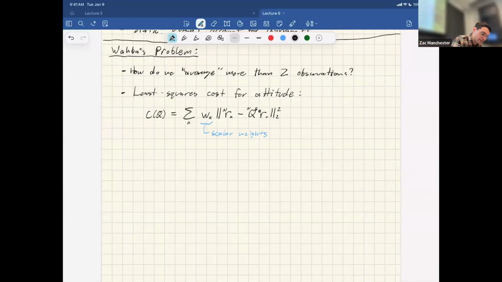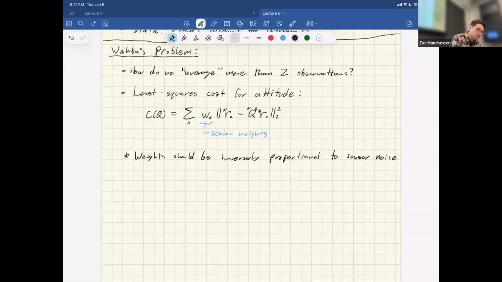To put that in more formal lingo, the weights should be inversely proportional to sensor noise, specifically sensor noise variance. If you do that and solve this problem, you'll get what's called a maximum likelihood solution by properly weighting things according to how noisy they are.